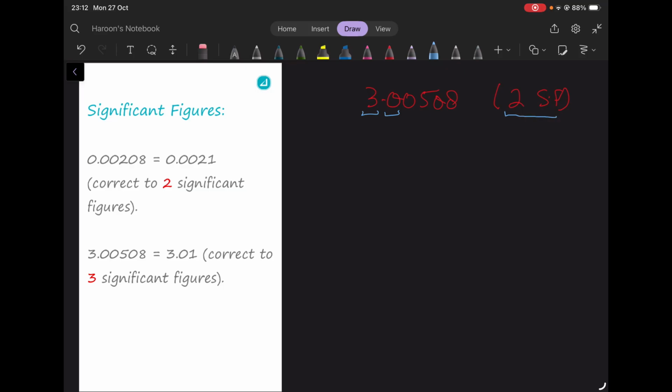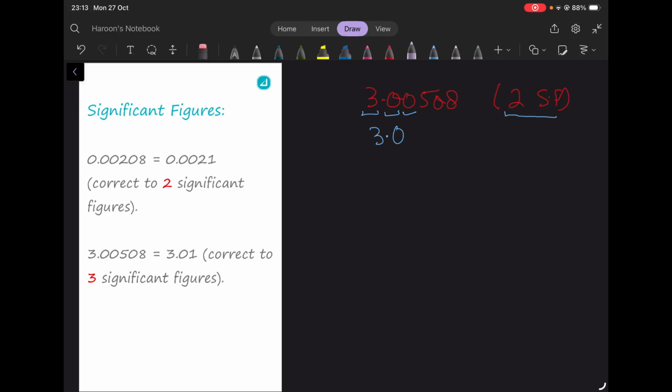The third significant figure is 0, so I will not add 1 to the previous digit. The previous digit remains as is. This would become 3.0. I will not write 0 after it, because it would be considered 3 significant figures. The zeros at the end, even after the decimal, would be considered significant. This would be my answer.